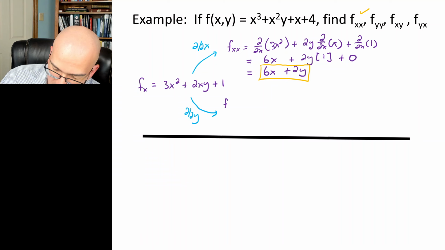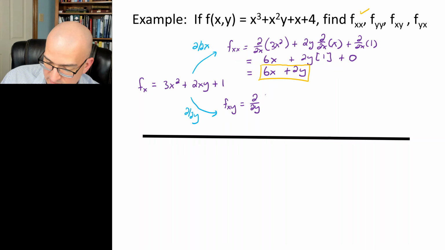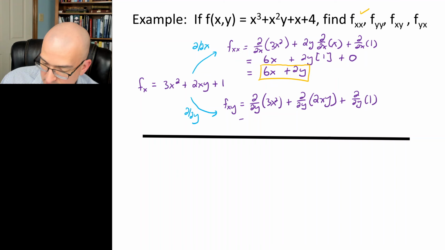Now we'll go to the next one, f_xy. That'll be d by dy of 3x squared plus d by dy of 2xy plus d by dy of 1. We'll have 0 from the first term, since there's no y in there.